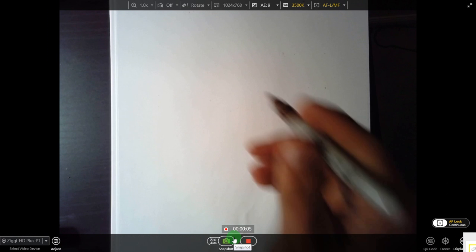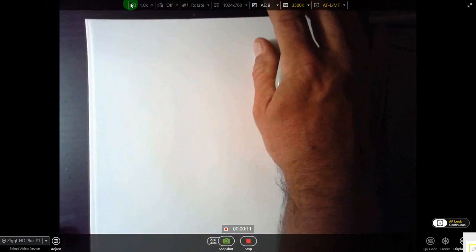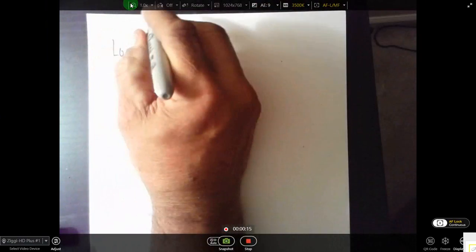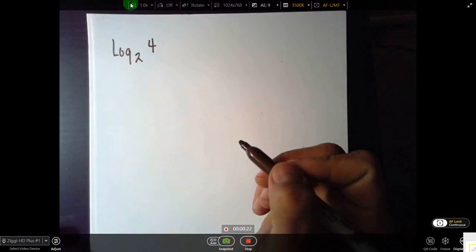If you're talking about doing the log base 2 of 4, well, you can't do that with your calculator.